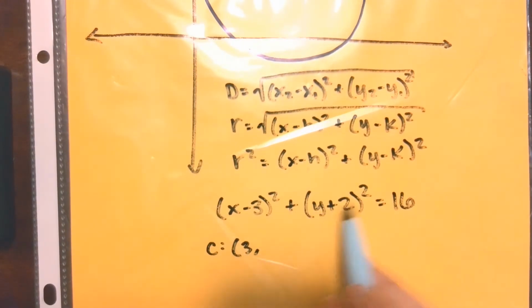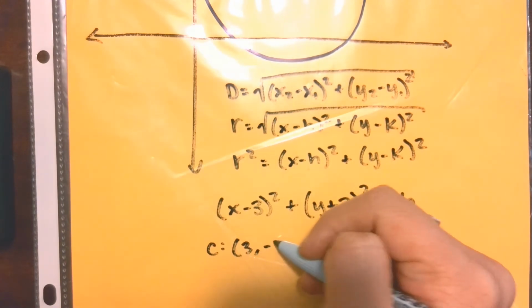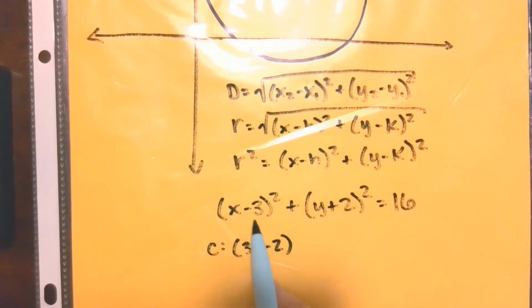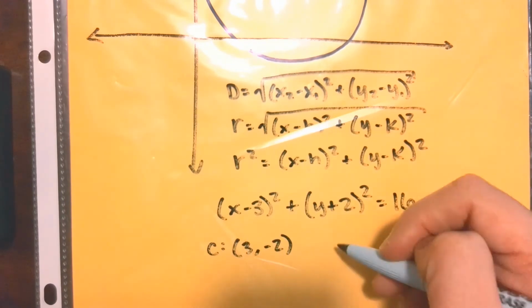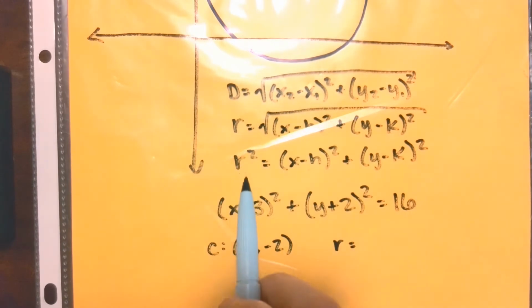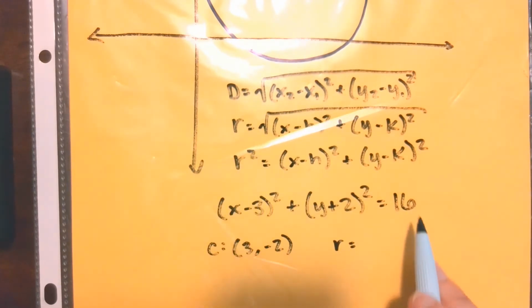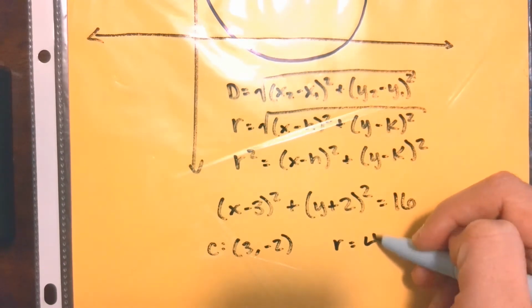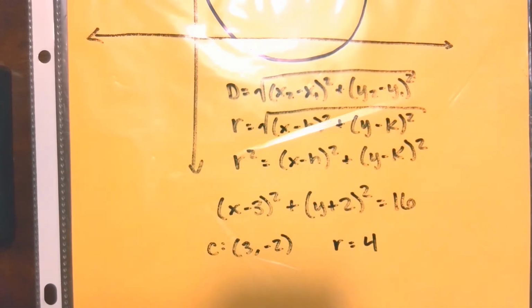My y, since I changed from negative to positive, that means that my y had to be a negative 2. So that's always going to be the opposite of the sign. Positive 3, negative 2. And then to find my radius, since what it's equal to is my radius squared, I just have to take the square root of that to end up with what my radius is.